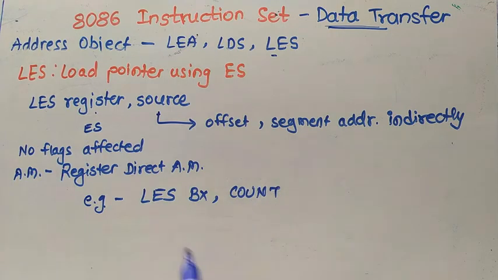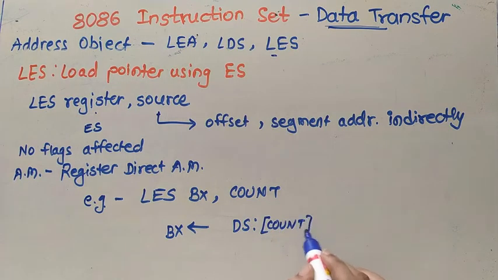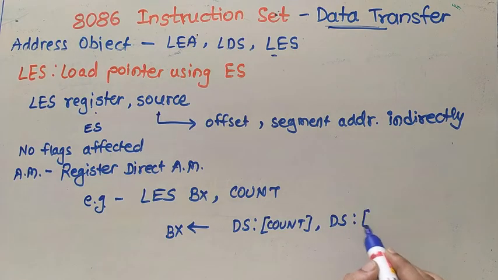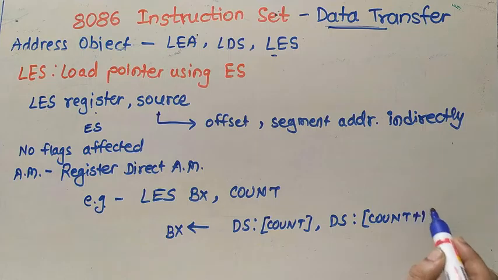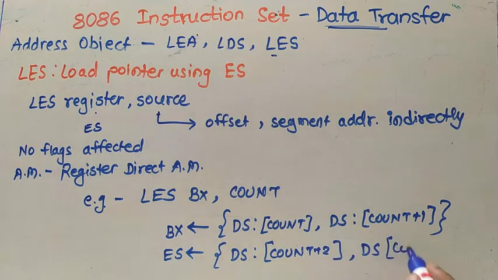The BX register is loaded from the data segment whose offset is specified in count, as well as from the count plus 1 location, and the ES register is loaded from the next two locations of the data segment, that is count plus 2 and count plus 3. So this is nothing but load pointer using the ES register.